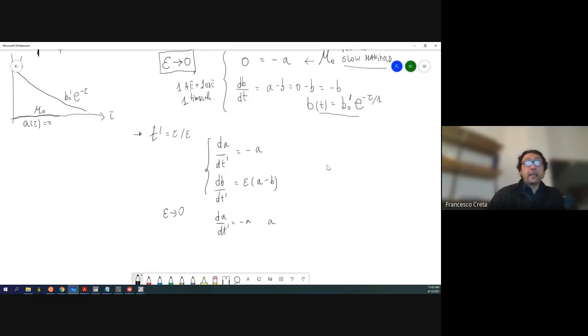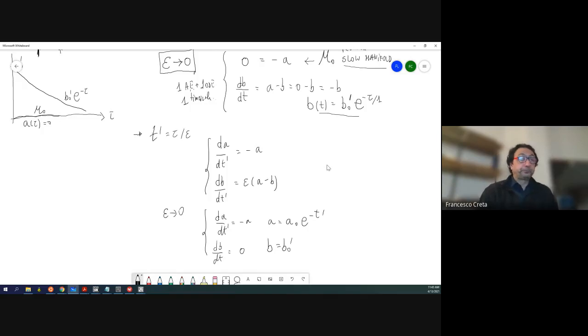So now A evolves on a time scale minus t prime here, and dB by dt will be essentially 0. So B will be frozen. The slow time scale on which B was evolving is now so slow that it's frozen in time.